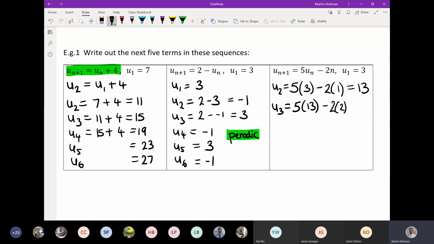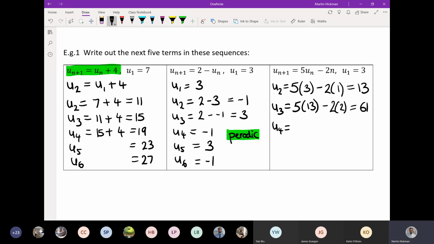Then I'm doing 5 times u2, so 5 times 13, because u2 was 13. And then minus 2 times n, and n is going to be 2 here. Okay, because this term was u2, this term was u3, because n was 2. So when I do that, I'm doing 65, take away 2 times 2, which is 61.